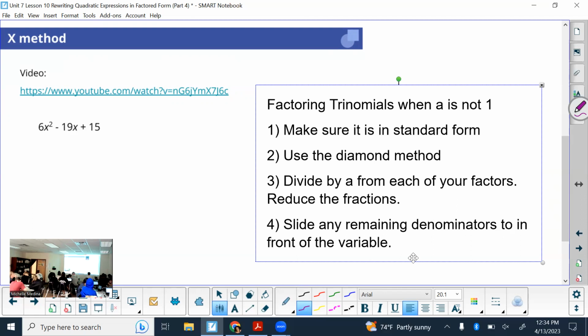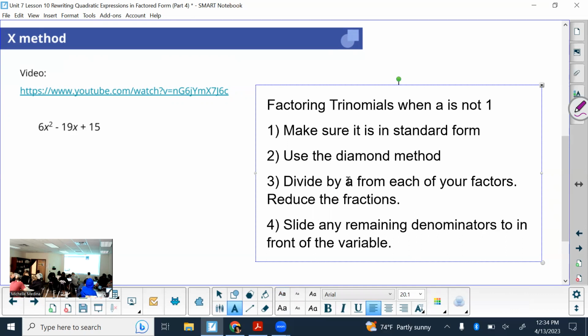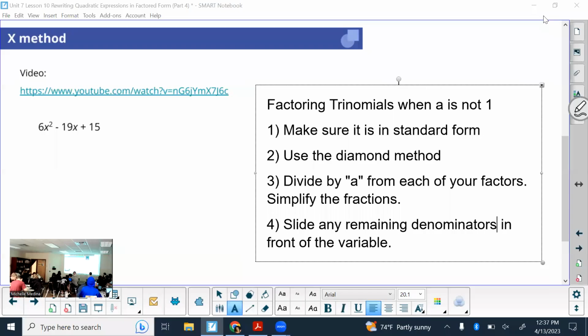Divide by A from each of your factors. Reduce the fractions. So I'll put simplify the fractions so that it matches the simplify and slide. And then slide any remaining denominators in front of the variable. Okay, so try this one using these steps. I'll give you like 3 minutes and then I'll check in.